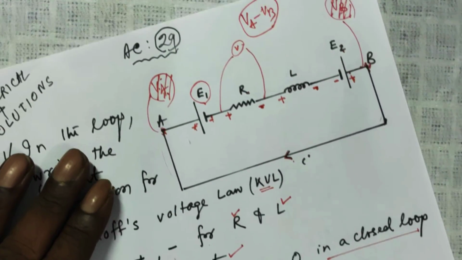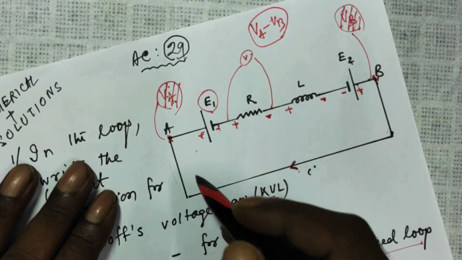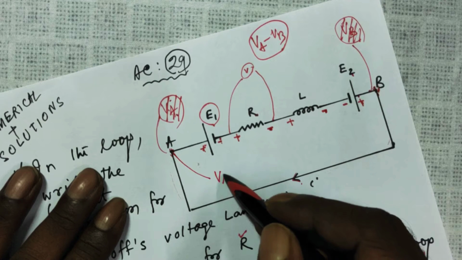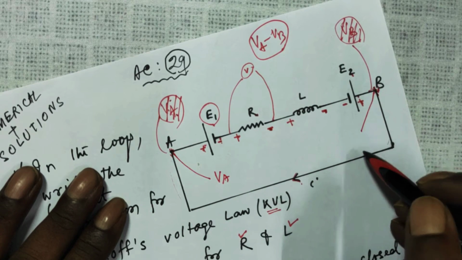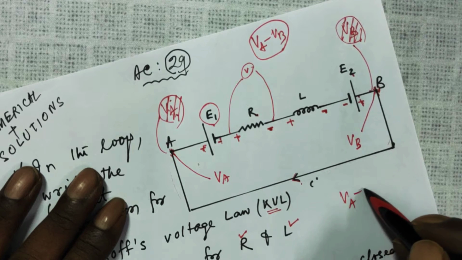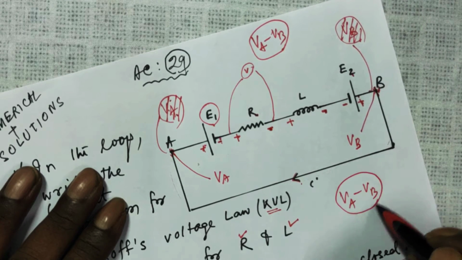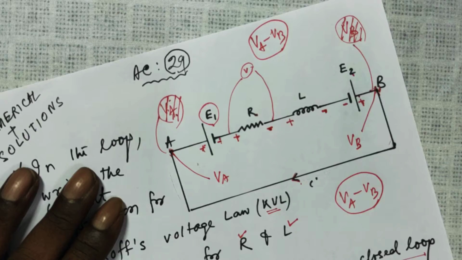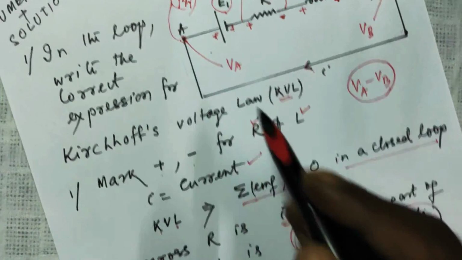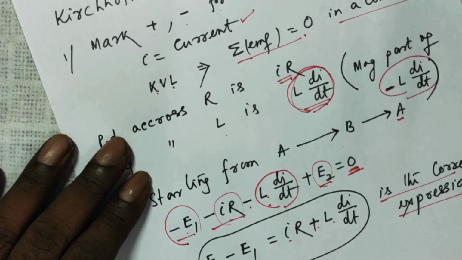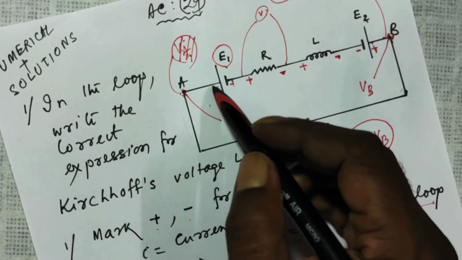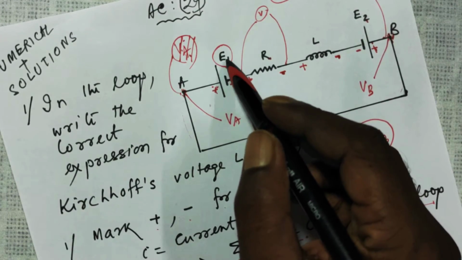Now they might ask you in a different way. Suppose the potential at A is VA and the potential at B is VB, then what is VA minus VB? We follow the same process. So you do it like this: VA, plus to minus, E1.